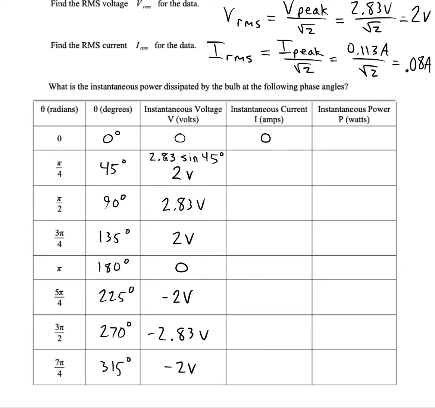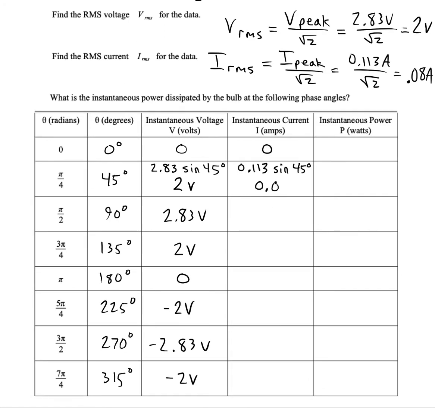For the current, we'll use a similar formula, 0.113 sine of 45. That's going to be 0.08 amps.